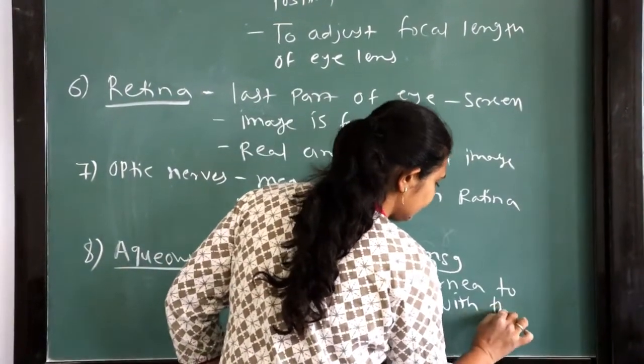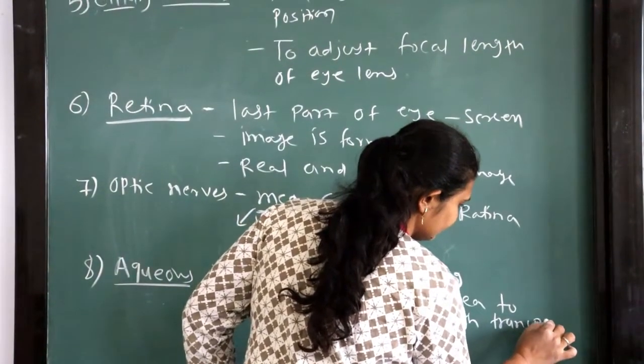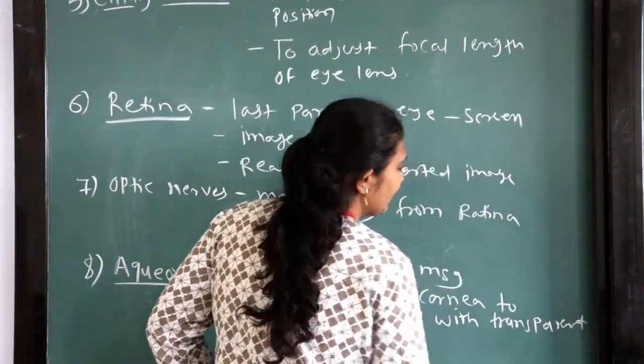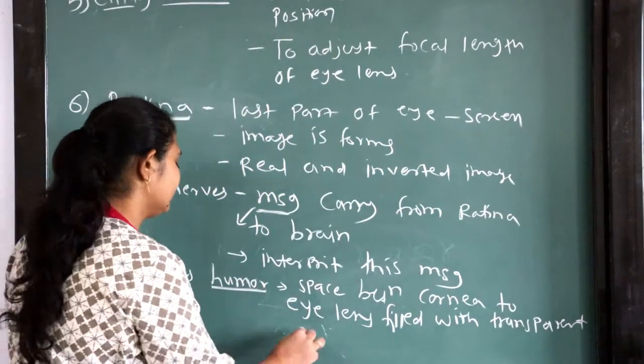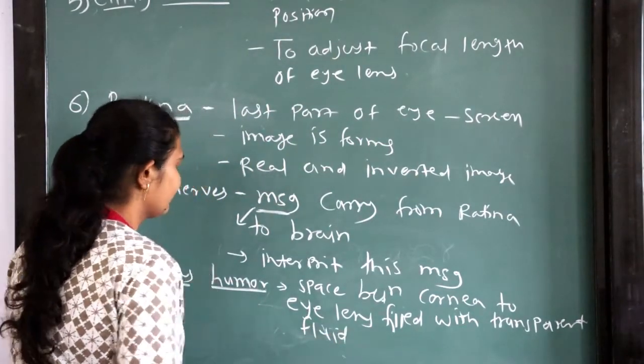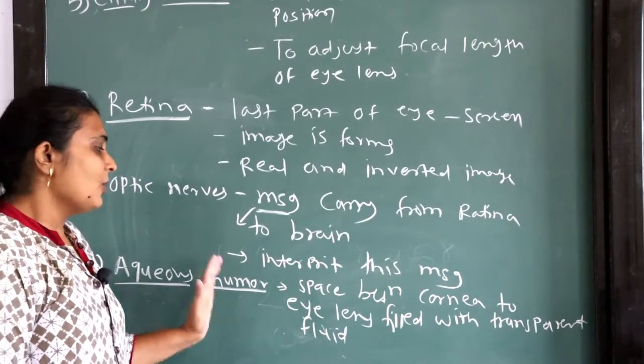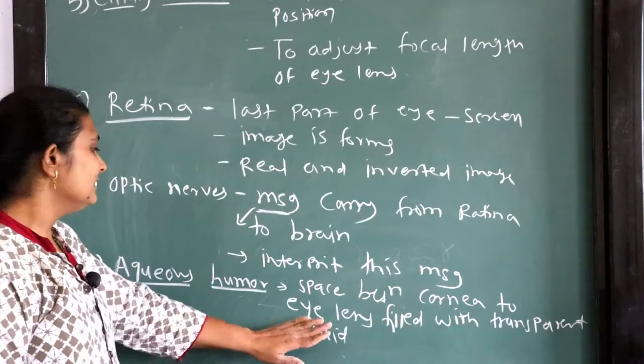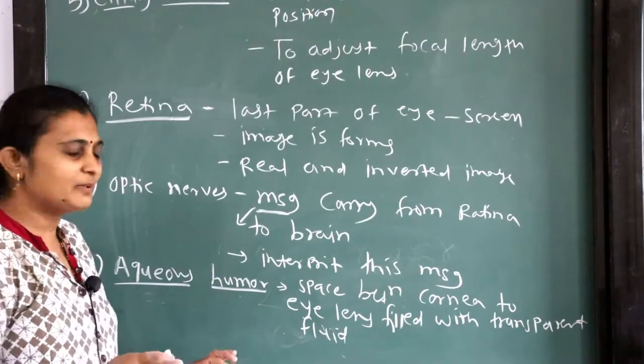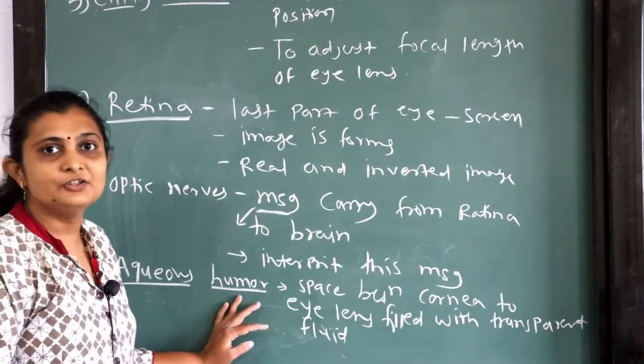From cornea to eye lens, that transparent fluid is called the aqueous humor.